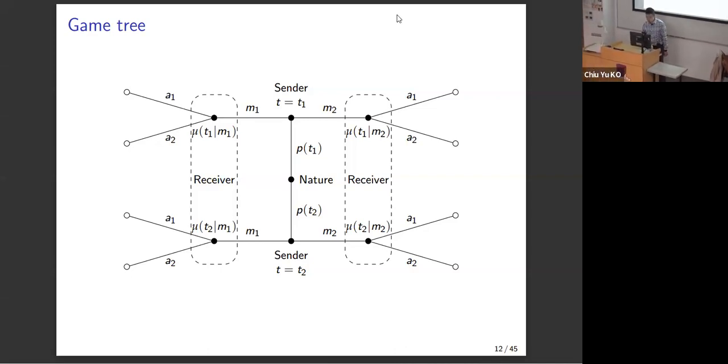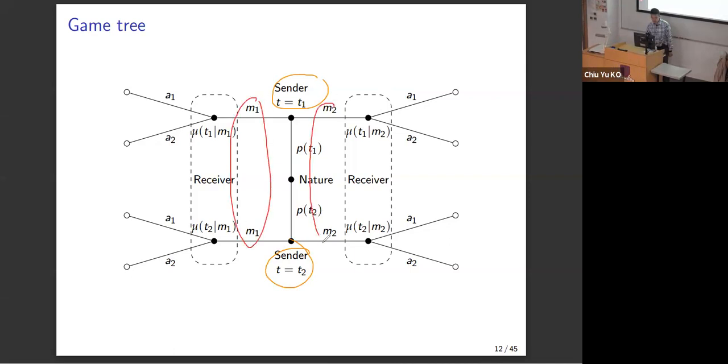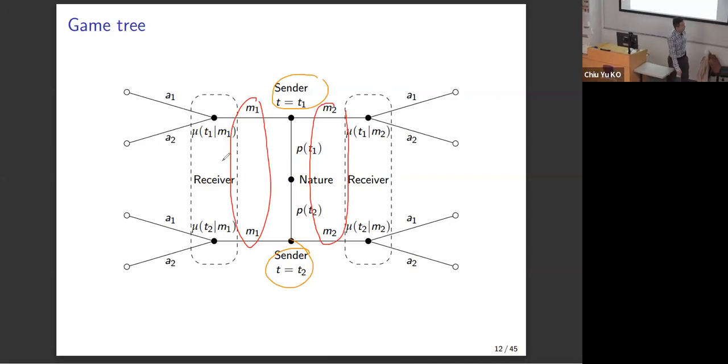And this is the example. The sender can send a message, M1 or M2. The sender knows who he is, but the receiver only knows the message. The receiver actually doesn't know whether he is in the upper level or lower level, but he knows the message.